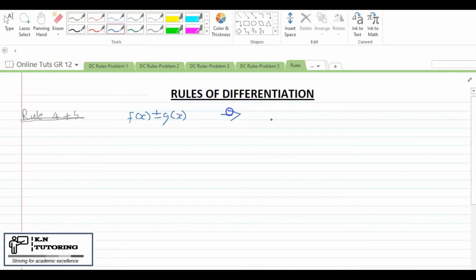Now the derivative will be, you take the derivative of the first one, you add or you subtract based on the operation there. If it's a positive, you put a positive. If it's a negative, you put a negative. Then you take the derivative of the second one. Okay?